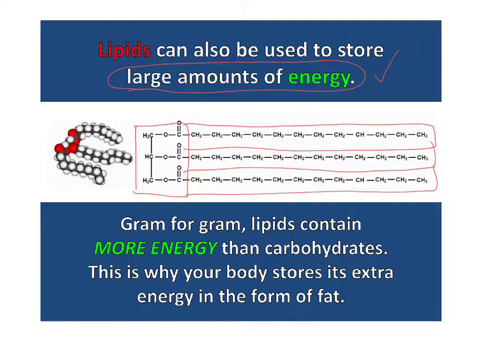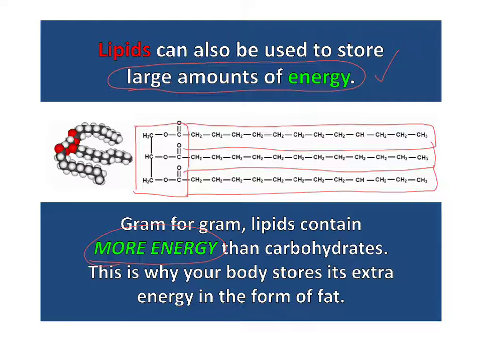Well, what does this mean? Gram for gram, that means 1 gram of lipid versus 1 gram of carbohydrates. So gram for gram, lipids contain more energy than carbohydrates. This is why your body stores its extra energy in the form of fat.